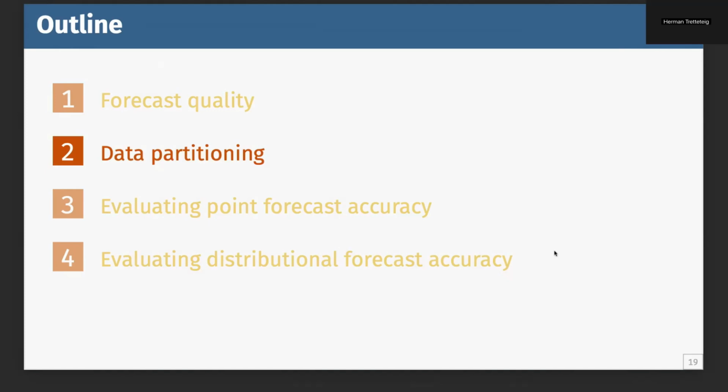All right, so remember we said when it comes to assessing, we want to mimic the real life situation. That's the first principle. Now I have the time series from here to here.